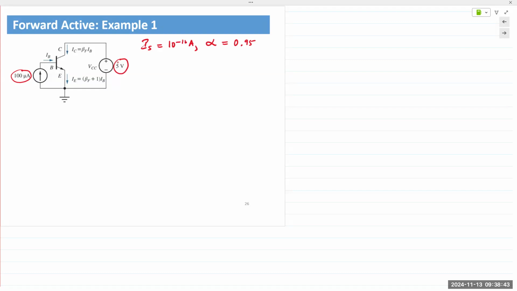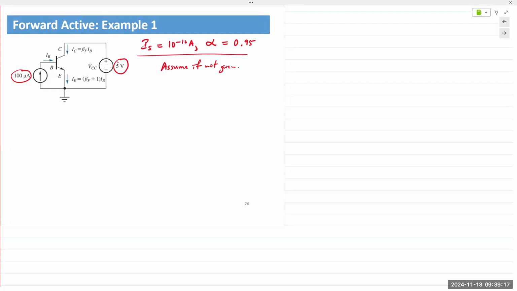Also, if these values are not given, then you can simply assume. 10 raised to minus 15 or 10 raised to minus 16 is a good value for saturation current, and 0.95 to 0.99 is a good value for alpha. 0.95, I would say, is on the lower end. For real life transistors, it would be much higher.